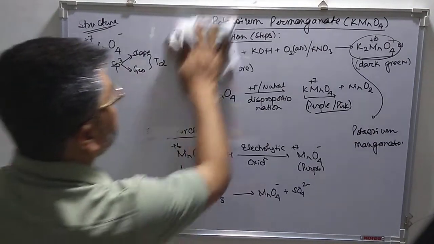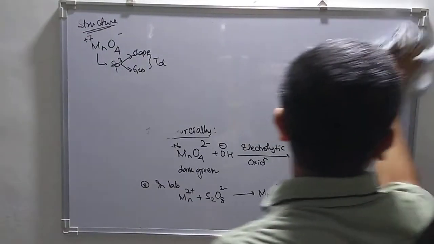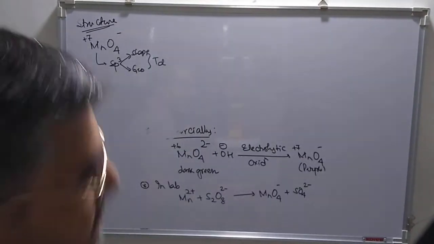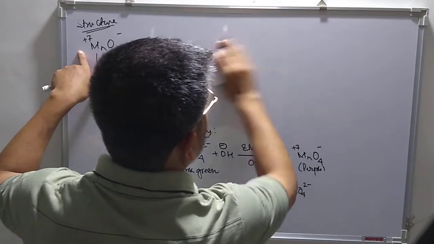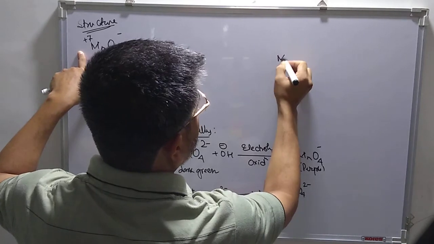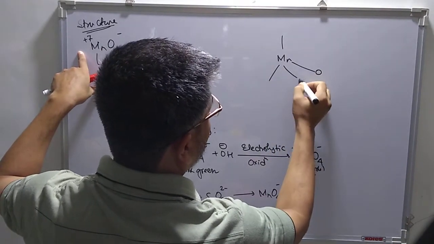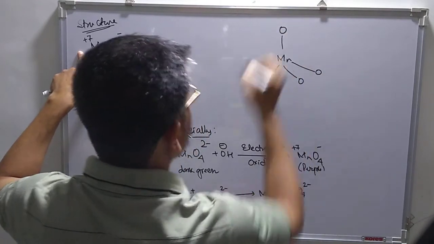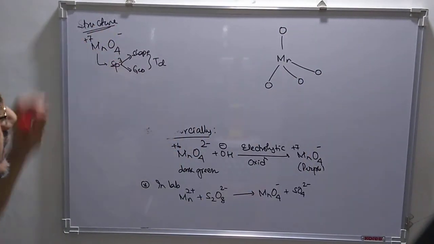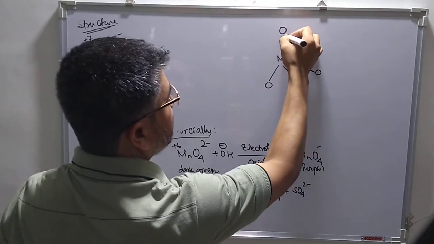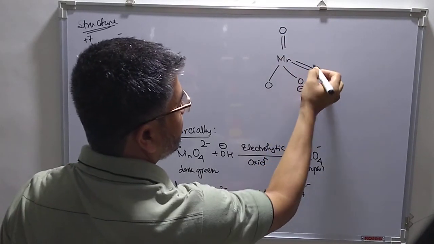Let's write down the structure of this. We have the central atom Mn. We have 4 oxygen. We have 1 negative charge, so we have an oxygen with negative charge. Rest of the oxygen is forming multiple bonds with Mn.